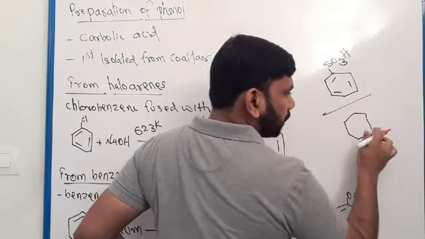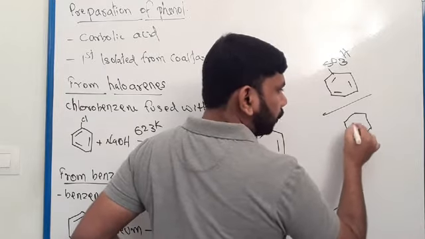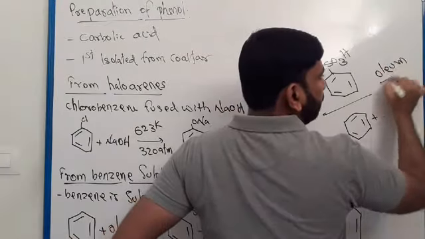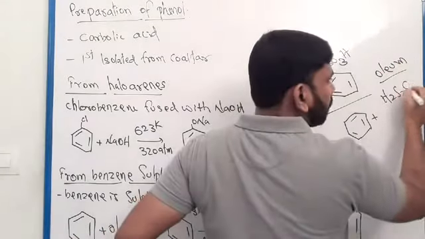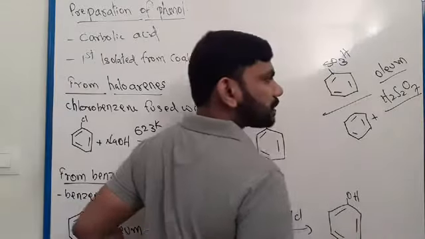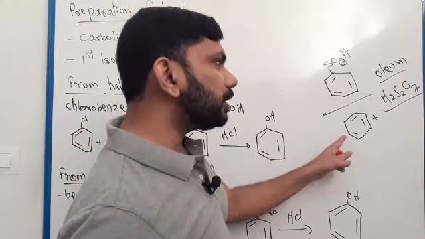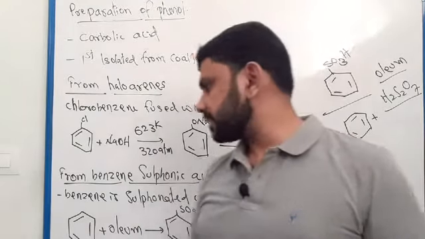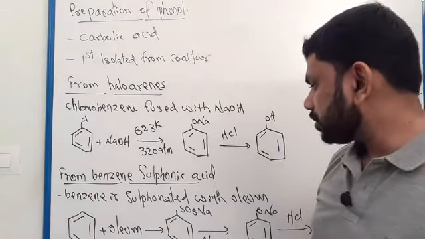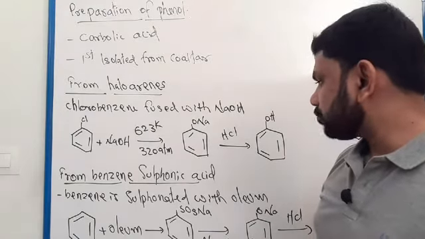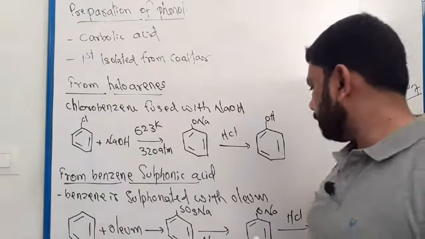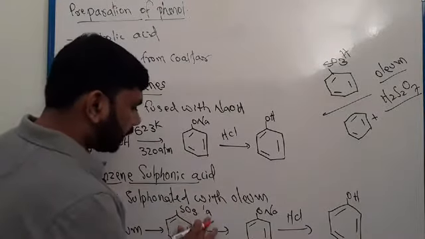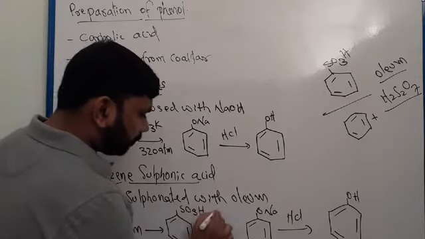Benzene treated with oleum, oleum meaning H2S2O7, changes to benzene sulfonic acid.